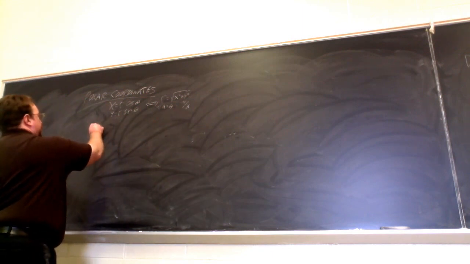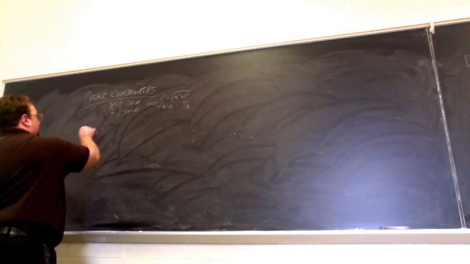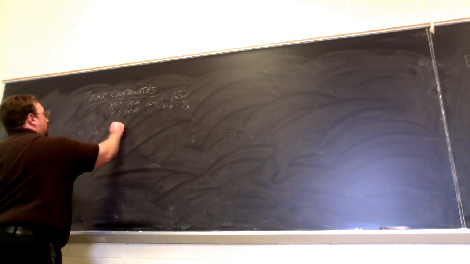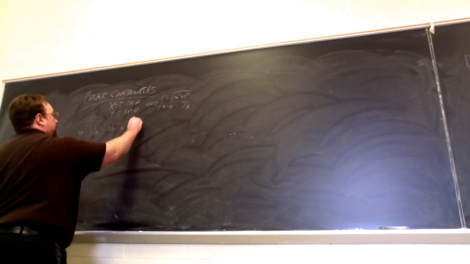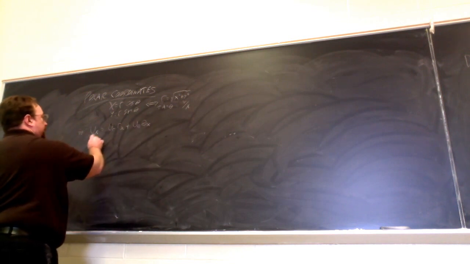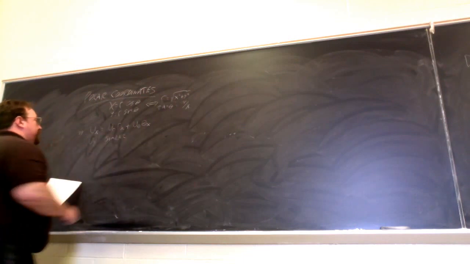You can change your derivatives in your original variables to derivatives with respect to your polar variables. So u_x is u_r r_x plus u_theta theta_x. And similarly for u_y, so I won't repeat that.